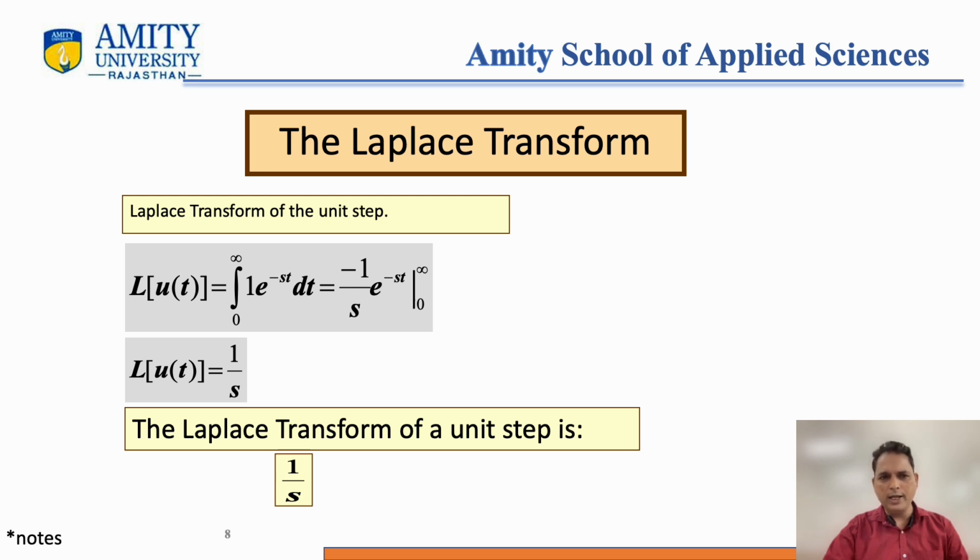So while concluding, your answer will be 1 by s. So the Laplace transformation of 1 is 1 by s. In the same way, if you find the Laplace transformation of t, you just put f(t) equal to t, and on that basis you can find the Laplace transformation of t, as well as establish the other relations.